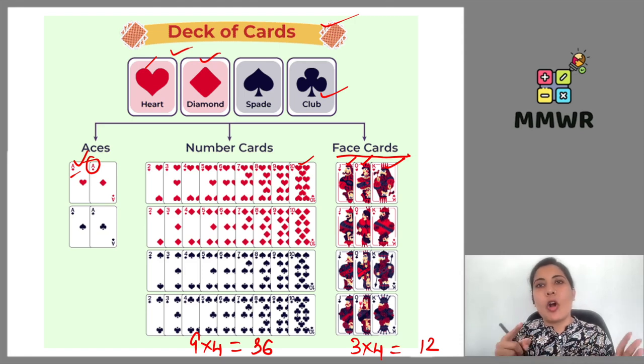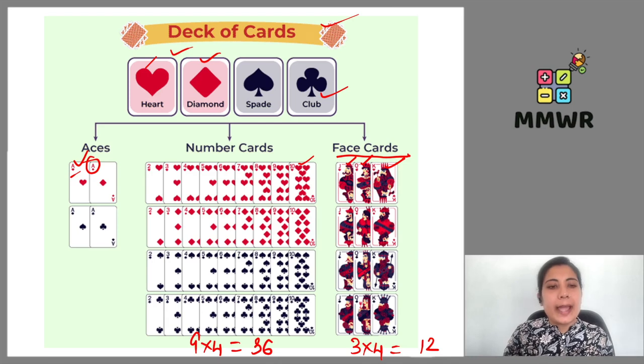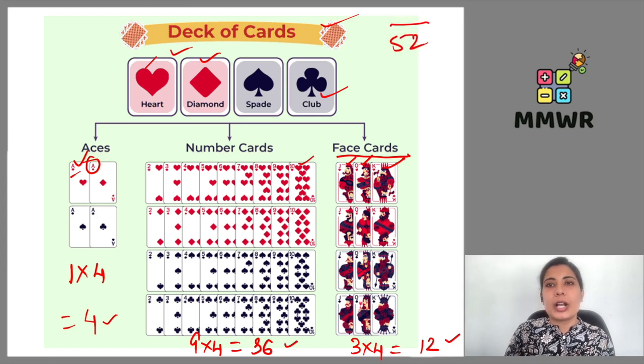Each one is of 4 different categories. 4 J are there, 4 Queen are there, 4 Kings are there. So 12. Ace, we have only 1 card and 4 types of diamond, heart, spade, club. So 4 cards are there. So 4 plus 36, 40. 40 plus 12 is 52, total number of cards.